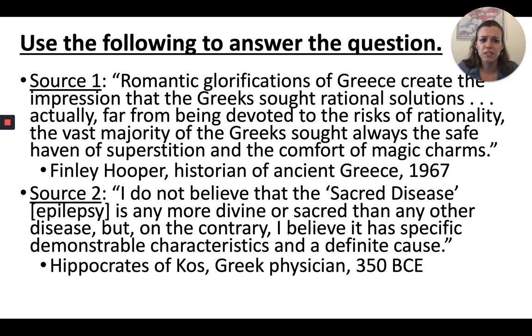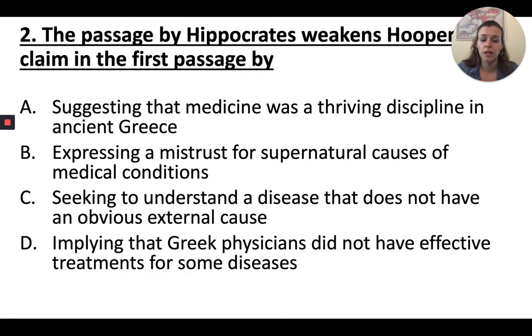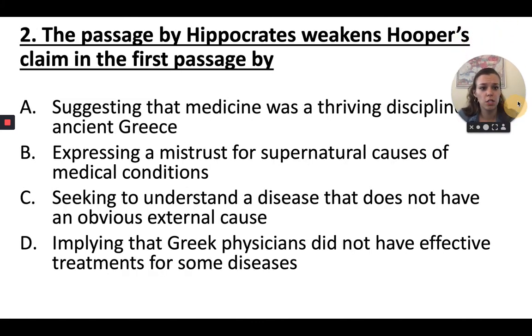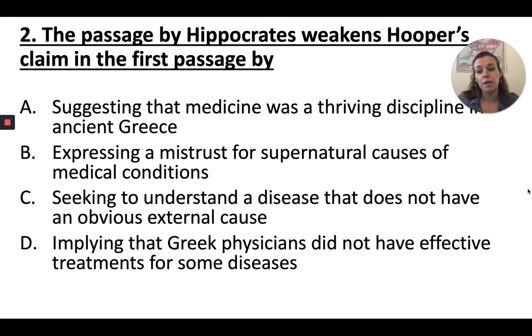Again, feel free to pause the video and take as much time as you need. Here is the question. So, the passage by Hippocrates weakens Hooper's claim in the first passage by, suggesting that medicine was a thriving discipline in ancient Greece, expressing a mistrust of supernatural causes of medical conditions, seeking to understand a disease that does not have an obvious external cause, implying that Greek physicians did not have effective treatments for some diseases.